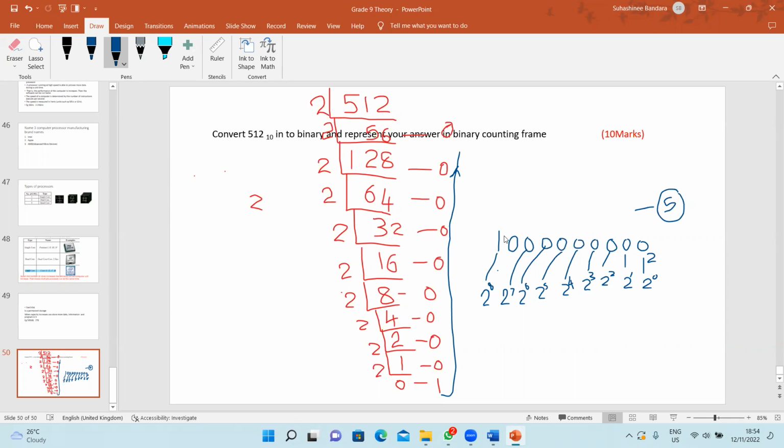For this one, you have to draw the counting frame. I just draw it here.